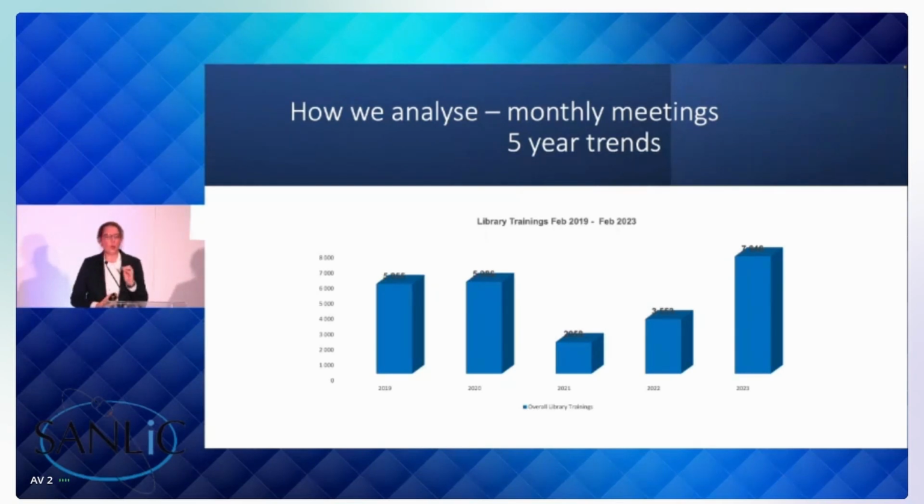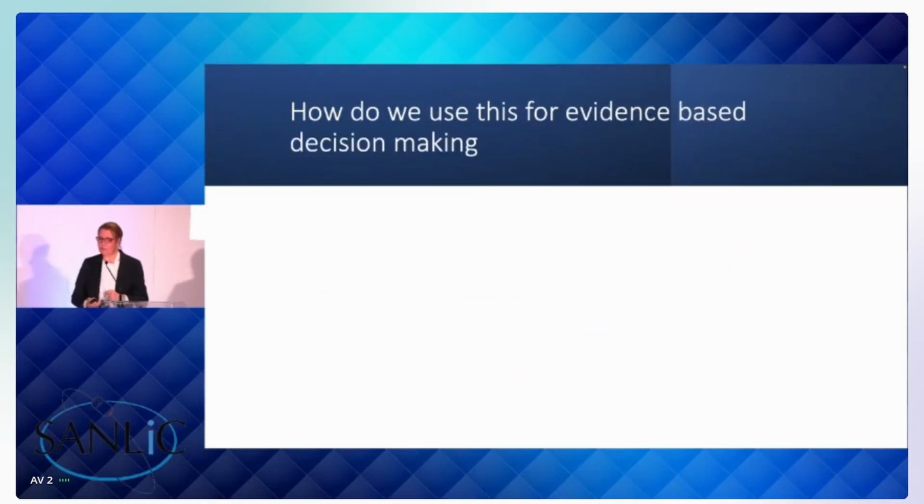And in 2021, we were allowed to do some training physically. And in 2022, we at UJ were back on campus. Lots of politics around that. And then we did really, really well in 2023. So we trained over 7,000 people. Remember, we've got 10,000 first-year students.